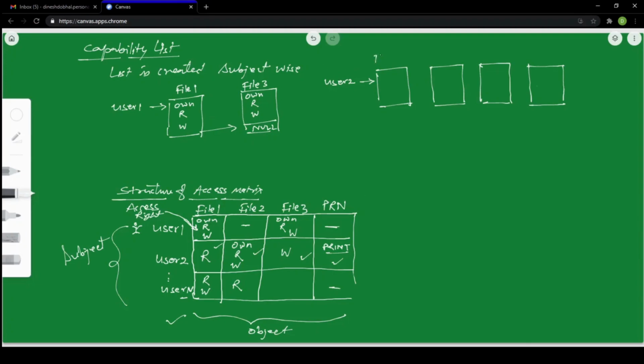This is file 1, this is file 2, this is for file 3, and this is for printer. Because this is the last block, it would contain null, and all blocks are linked together as in case of the linked list.